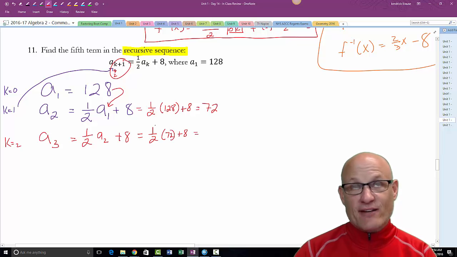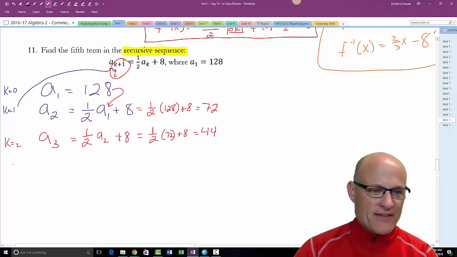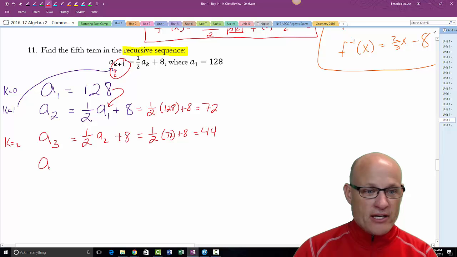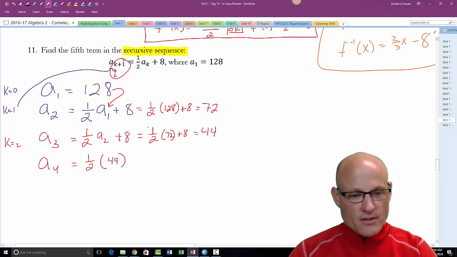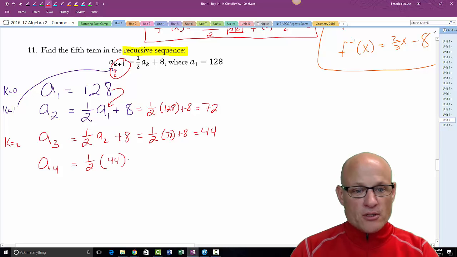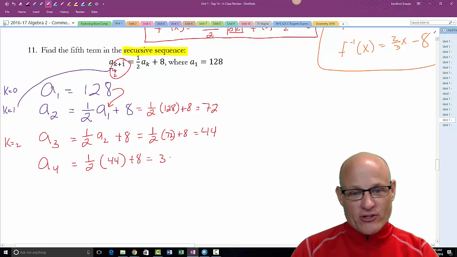Half of 72 is 36 plus 8 is 44. I think you guys get the picture now. A sub 4 is going to be 1/2 of a sub 3, which is 44, plus 8. Half of 44 is 22 plus 8 is 30.